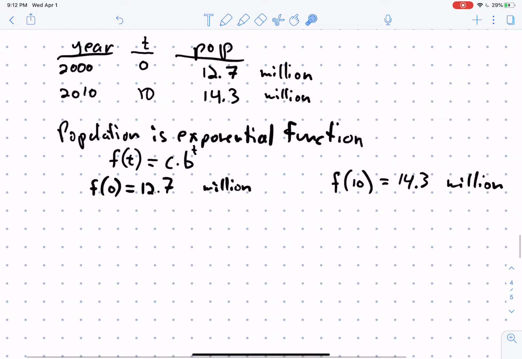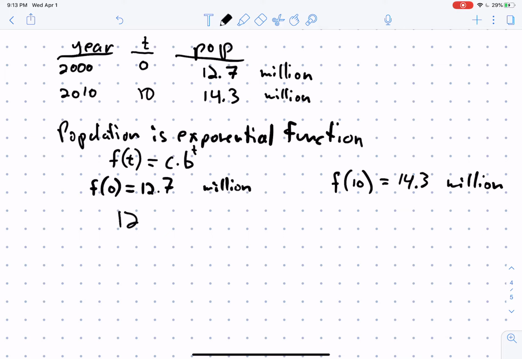Here's how we're going to do it, just like the way we did before. We have our formula f of t is c times b to the t, and we're given these two inputs and outputs. We're going to start with the first one, f of 0. The input is 0, and that's handy because it is going to be really easy when we plug it in. We plug in 0 for t, and f of 0 is replaced with 12.7.